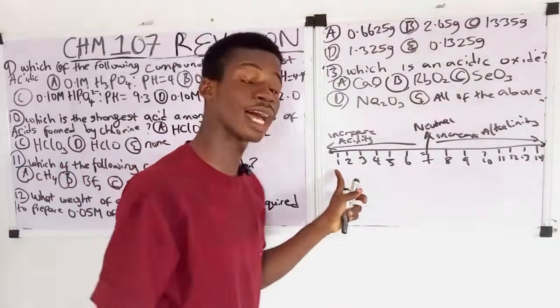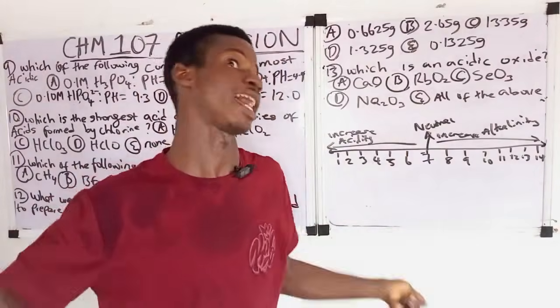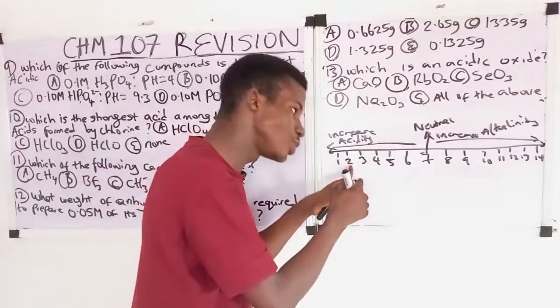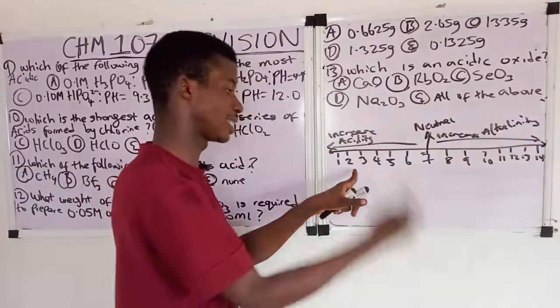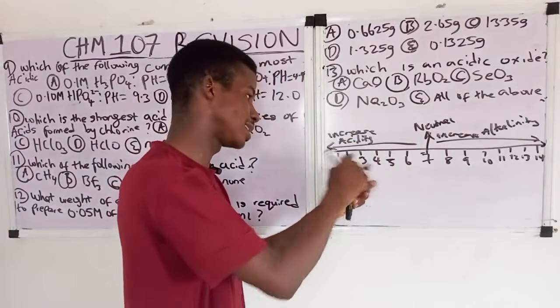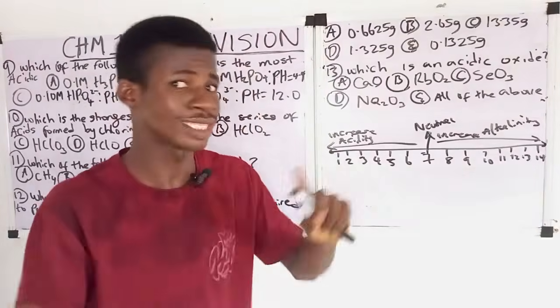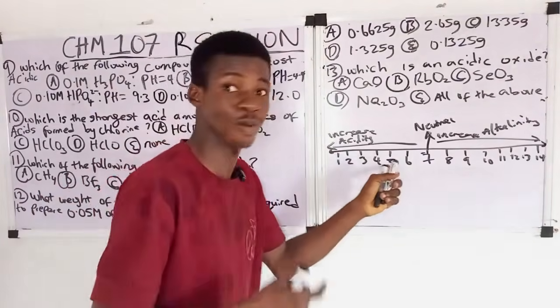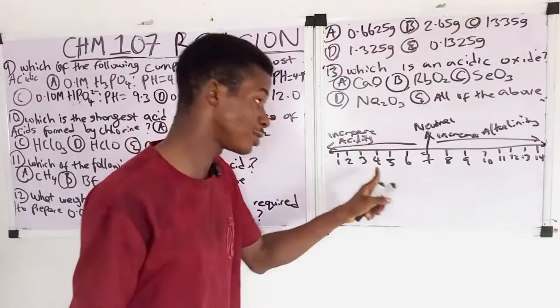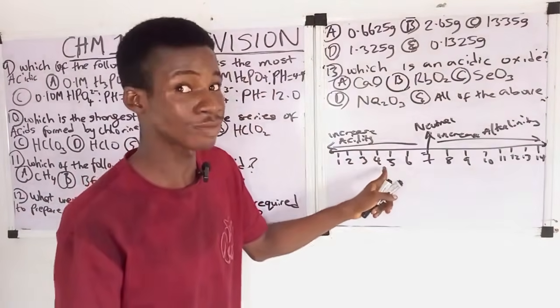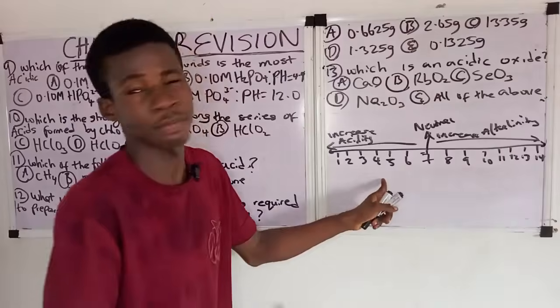If from here to here means increasing acidity, then substances that have a pH of 1 are the most acidic, very, very acidic. Then this one is less acidic than this. Substances with a pH of 6 are not as acidic as substances with a pH of 5, which are not as acidic as those with a pH of 4.